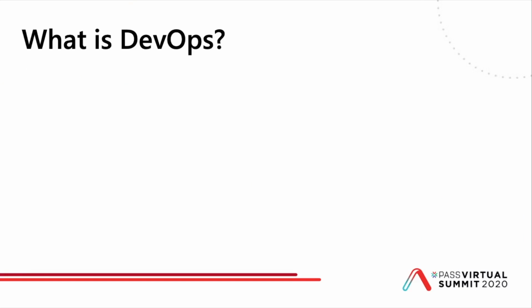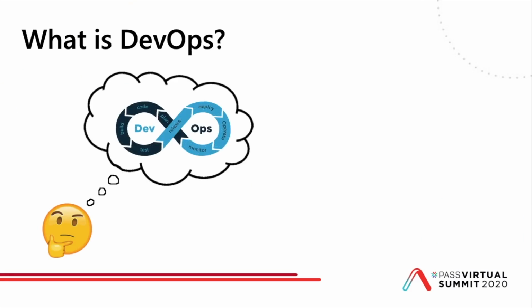DevOps. So, what is DevOps? I am sure that the very first thing that will come to your mind is this picture. This infinite loop that includes all the steps of DevOps. But let me tell you this. DevOps is more than that.